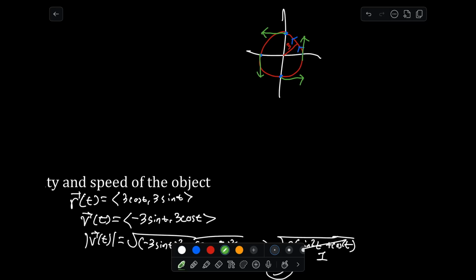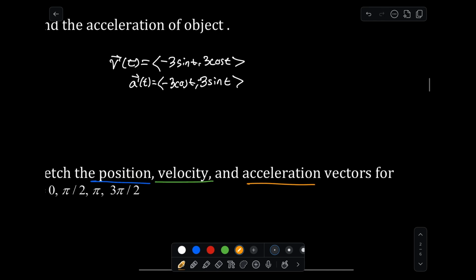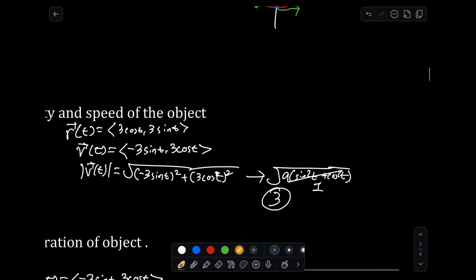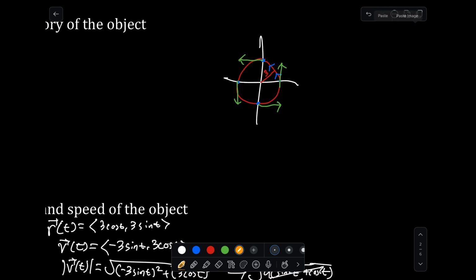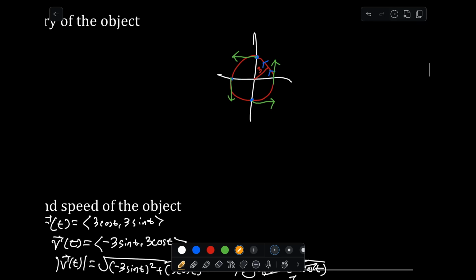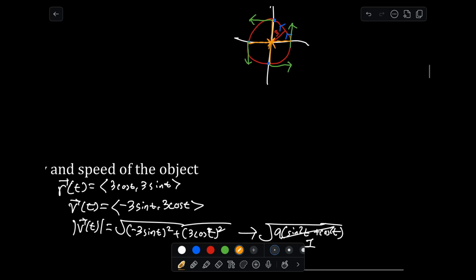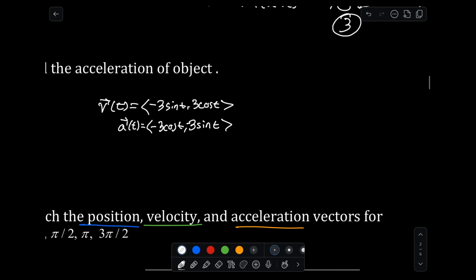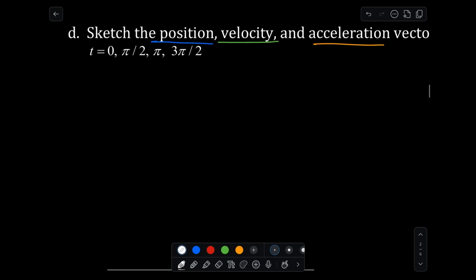And then our acceleration is going to be opposite of our position. So our position is going across, our acceleration is just going to point straight in. And in physics, we cover this topic. It's called our centripetal force.